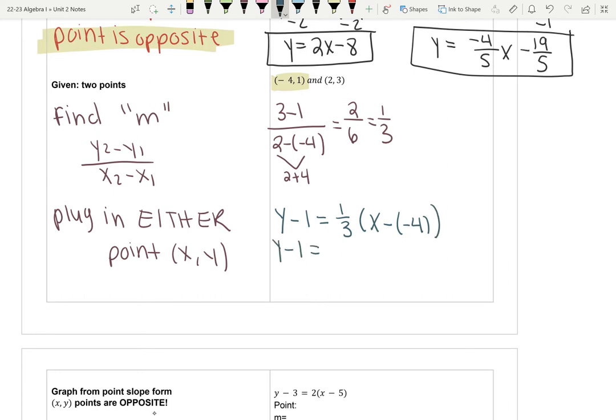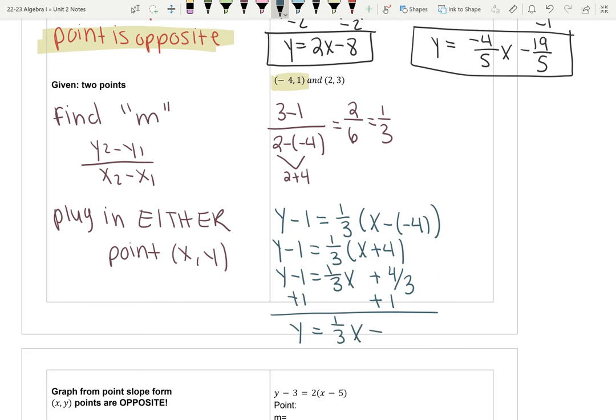So y minus 1 equals, I'm going to go ahead and simplify this down first, 1/3 times x plus 4. And then y minus 1 equals 1/3 x plus 4/3. Add 1 to both sides. Oh, I put 43. And my answer would be y equals 1/3 x plus 7/3. Now, if I chose to plug in the other point, 2, 3, I would get the same answer. So you can plug in either point.